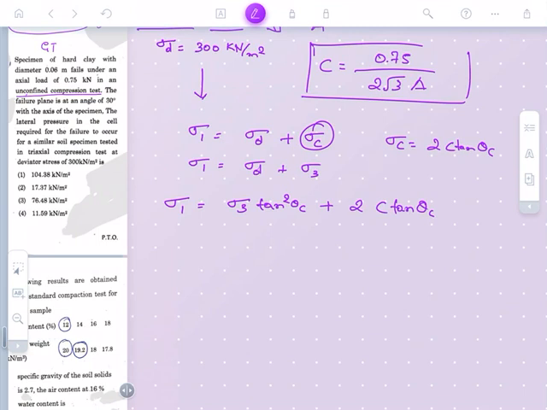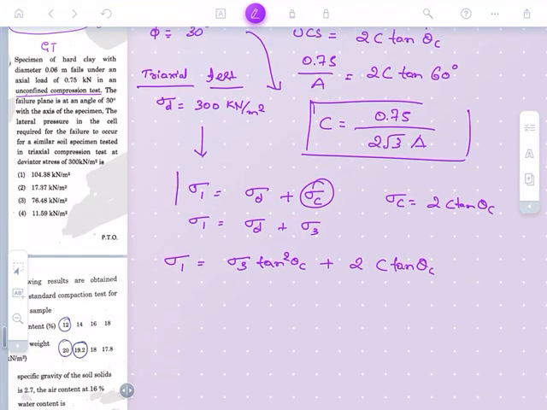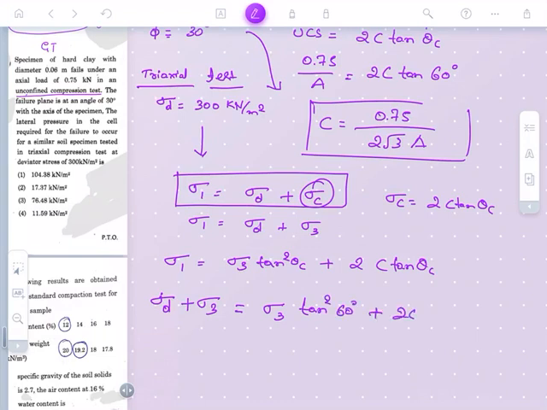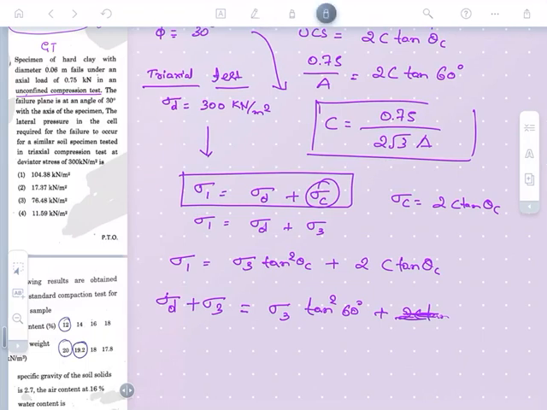If you substitute the values, sigma 1 is also called deviator stress plus cell pressure, which I will write as sigma d plus sigma 3. Sigma 3 is nothing but the cell pressure. Then sigma 3 tan square 60 degrees plus 2c tan theta c, where we already know the value of c.